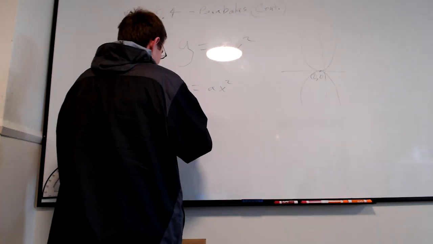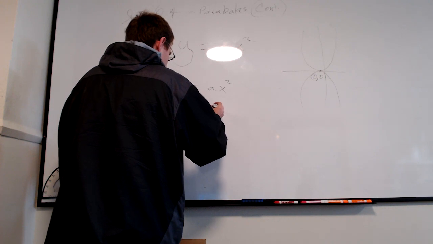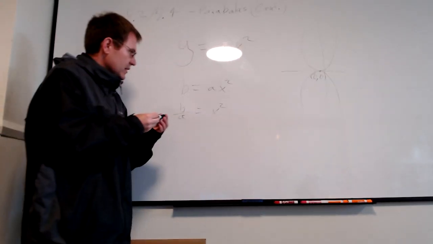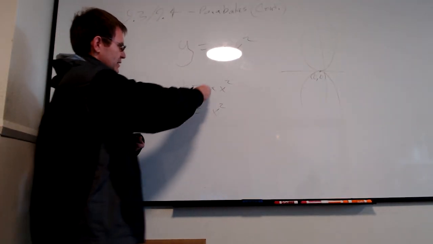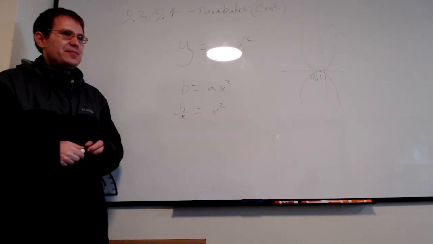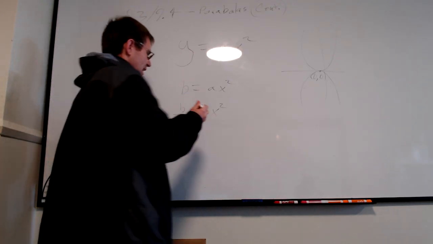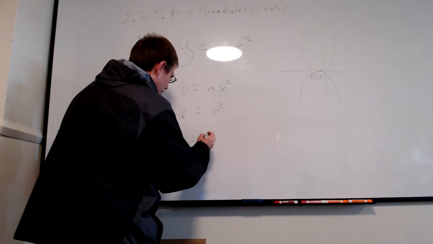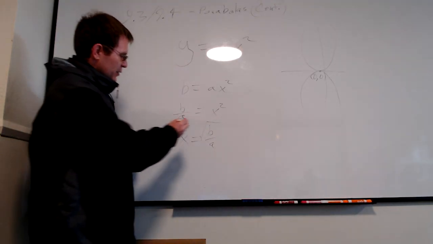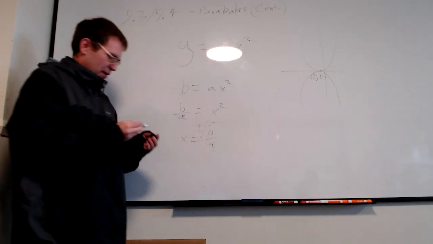So b over a equals x squared. What's the next step? Find the square root of b over a. So x equals plus or minus the square root of b over a.